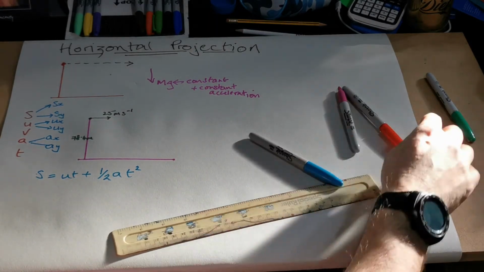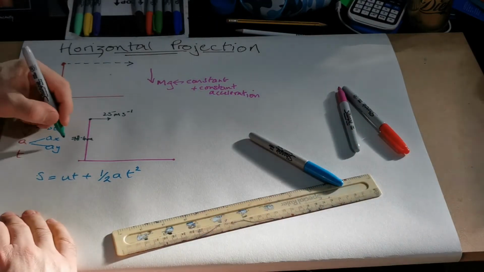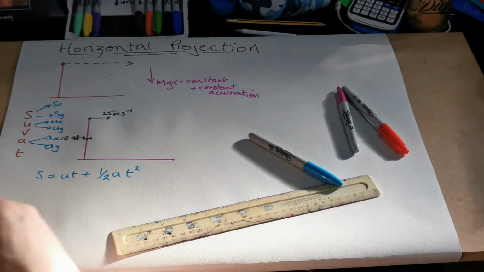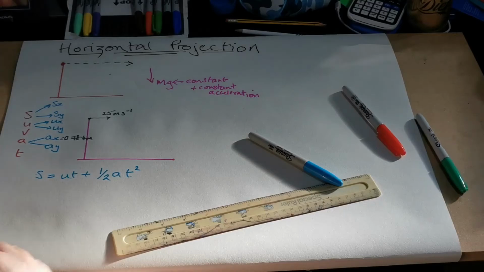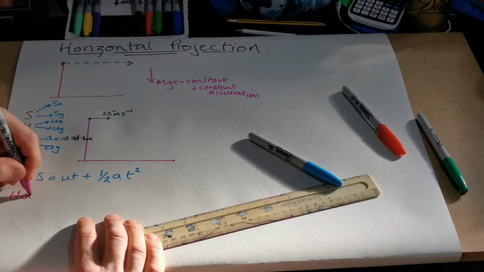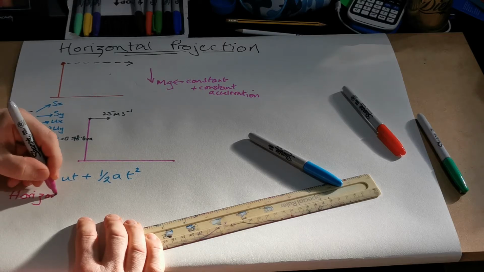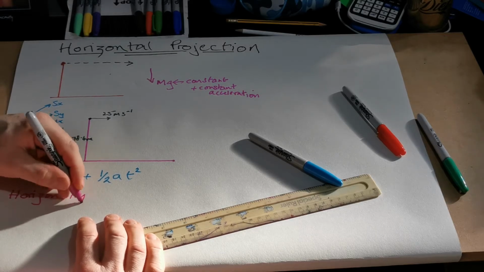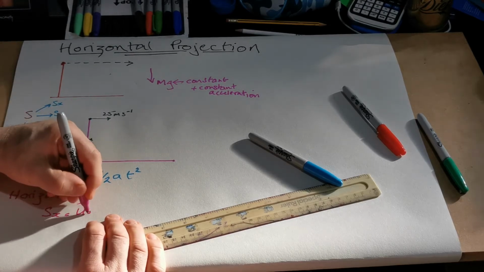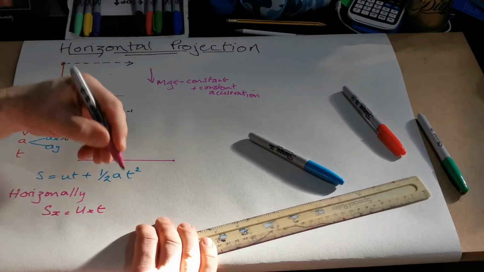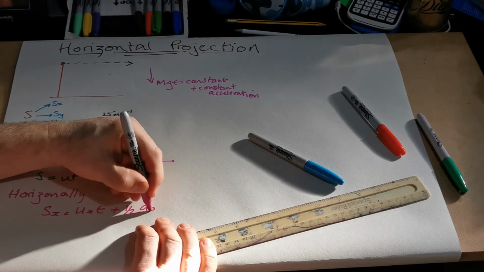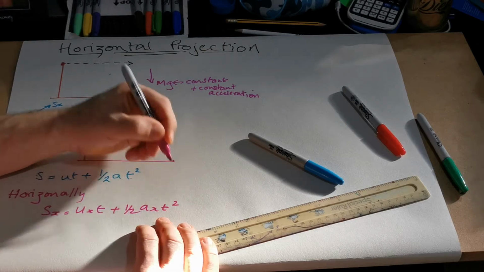For any situation, ax is always equal to 0. So if I look at it horizontally, Sx is equal to Ux t plus half ax t squared.